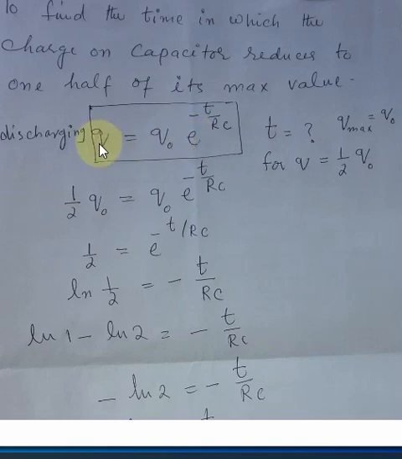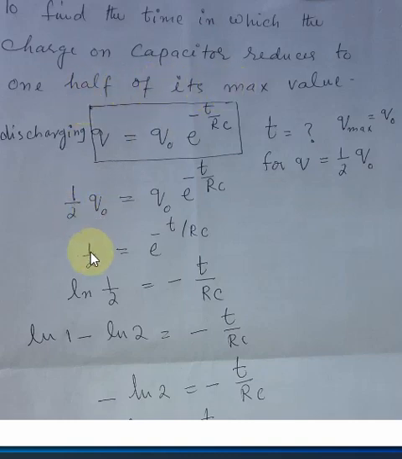We are required to find the time at which this q reduces to half the maximum value, and the maximum value is at time t equal to 0, and it is denoted by q naught. So putting this value in place of q, we will write it as half of q naught.